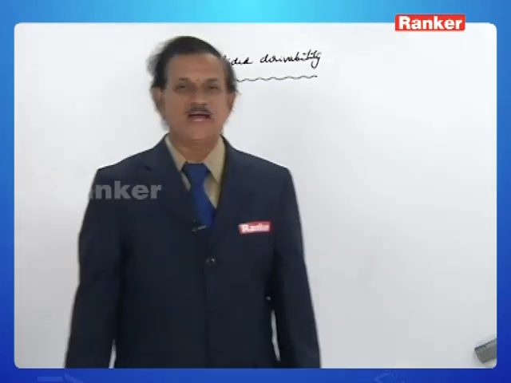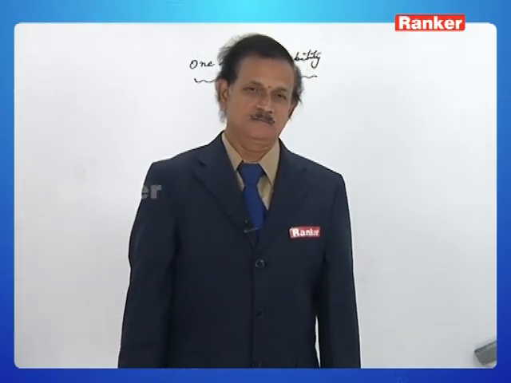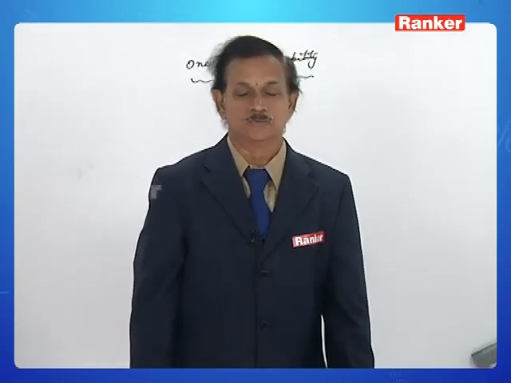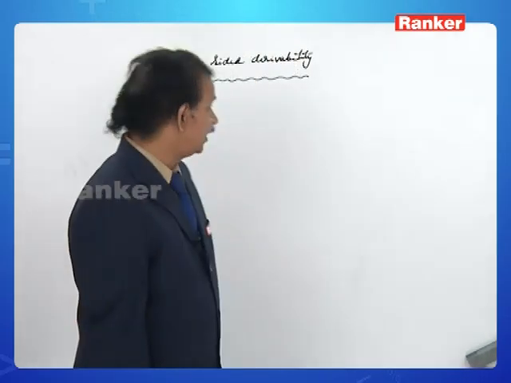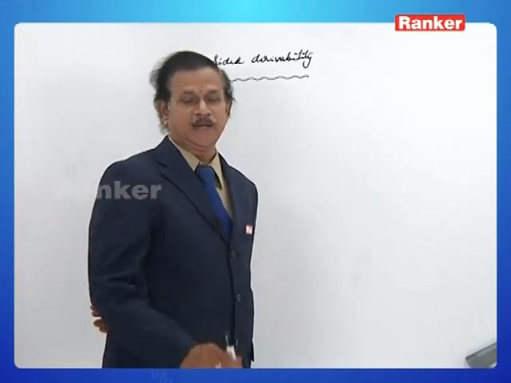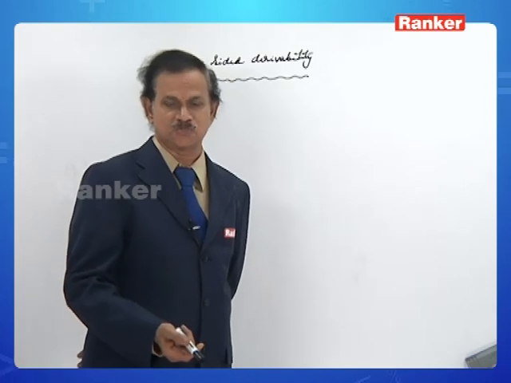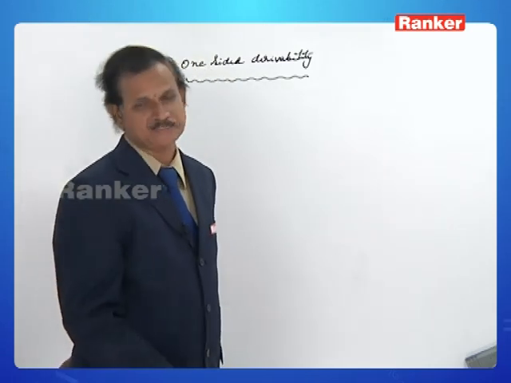Just like one-sided limits, we are to go through one-sided derivatives also. What are they? You see, basically a derivative is nothing but again a limit as h tends to 0 or limit as x tends to a, like that.